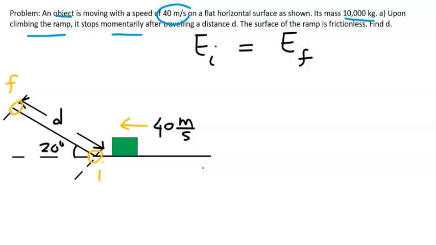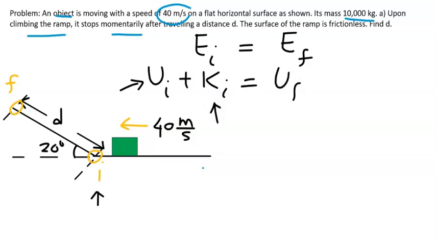The energy here is fully mechanical, so we need to determine the initial kinetic energy and the initial potential energy. So that is the initial gravitational potential energy of the object at the initial point and the initial kinetic energy at the same point, and the sum must be the same as the final gravitational potential energy plus the final kinetic energy of the object as it gets to the final point.